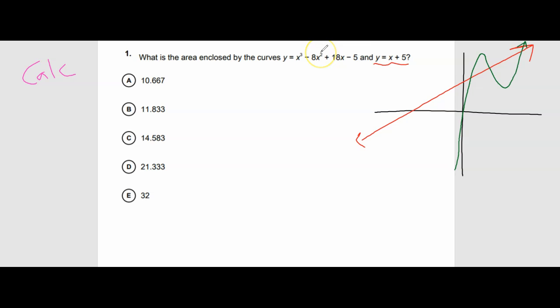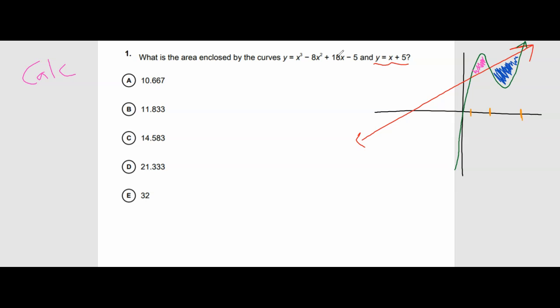So we do have 2 different areas that we need to find. These intersect 3 times, and we have two areas that we're going to sum together. So we need to find 3 intersection points. We need to find this x value of that intersection point, this x value, and this x value. So that's our next step.